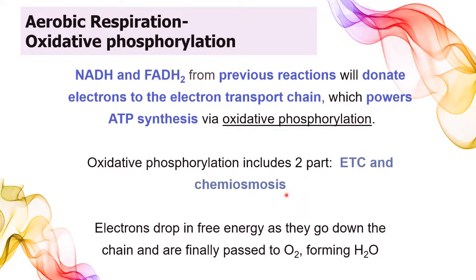Oxidative phosphorylation has two parts, which are ETC or electron transport chain and chemiosmosis. Electrons will drop in free energy as they go down the chain and are finally passed to oxygen, forming water. Meaning here is that the final electron acceptor after the electron transport chain is actually oxygen.